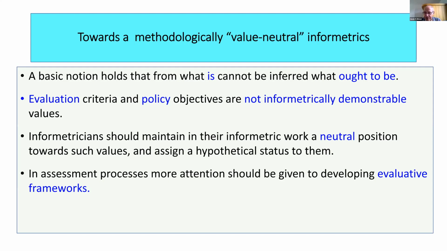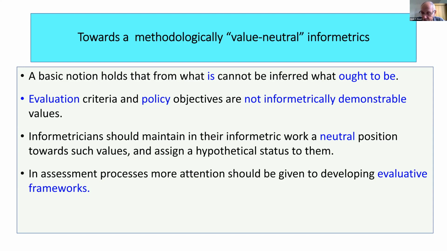So again, it is absolutely essential in the use of indicators that we have criteria, that we have a notion of what is good research, what is less good research, what are valid or desirable political objectives and what are not.